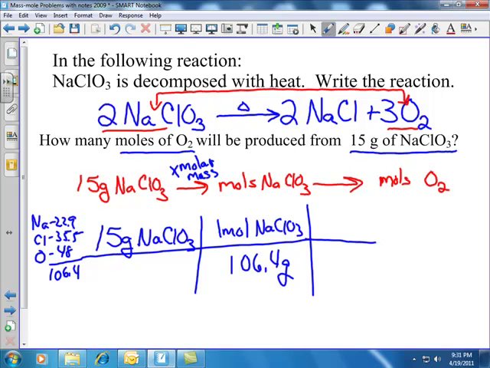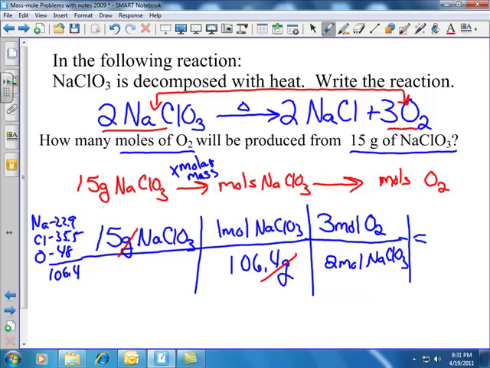Then, okay, that's going to get me the moles because now grams will cancel out. So again, if I stop here, I have moles. And what I want to do is get moles of oxygen. So I'm going to put my mole ratio in here. So 3 moles of O2 to 2 moles of NaClO3.